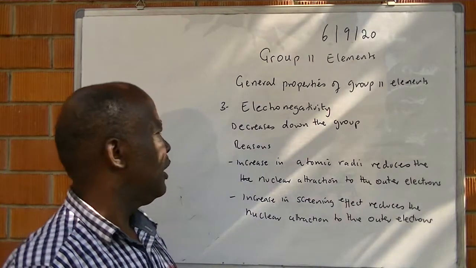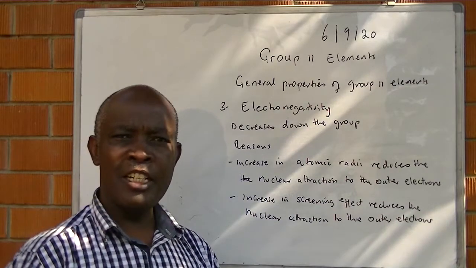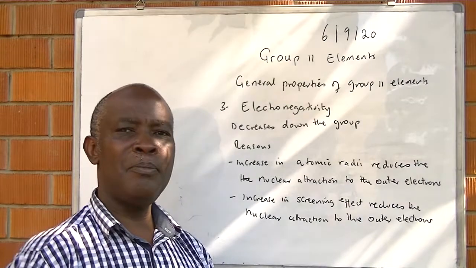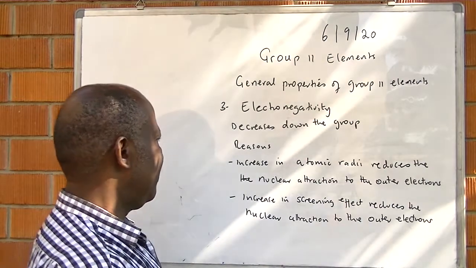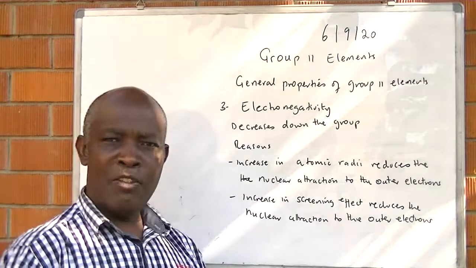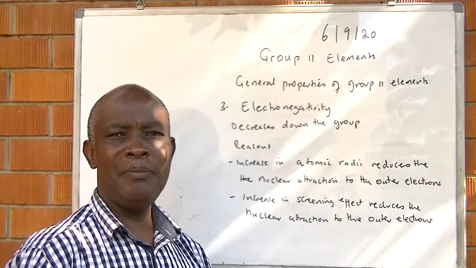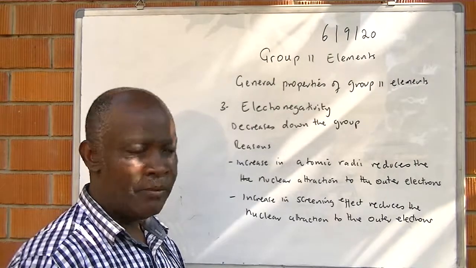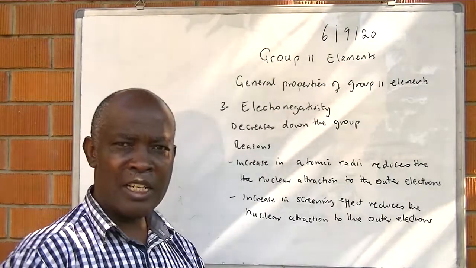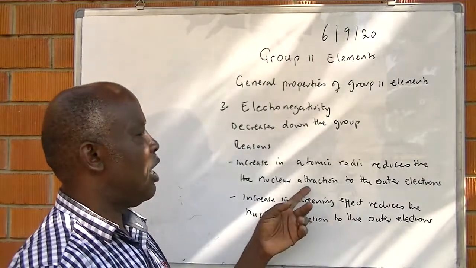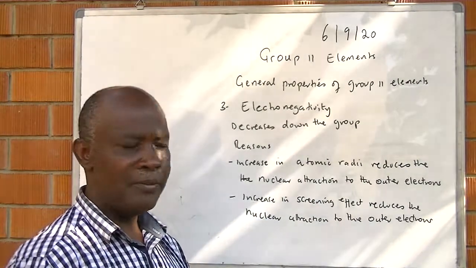Three, electronegativity. Electronegativity decreases down the group from beryllium to barium. Reason is, as you are going from beryllium to barium, the atomic radii increase. Increase in atomic radii reduces the nuclear attraction to the outer electrons.